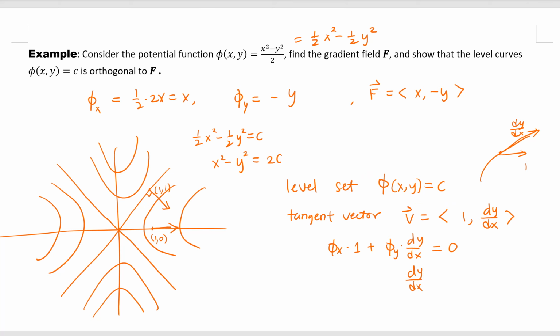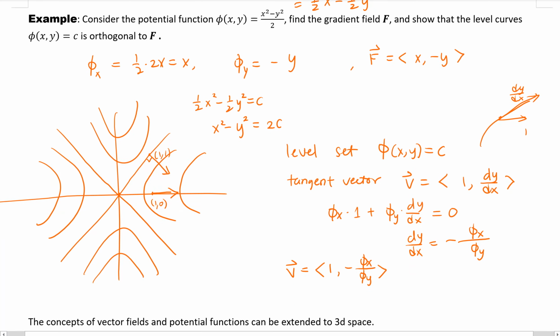So dy dx is negative phi x over phi y. Okay, so v is then 1, minus phi x over phi y. And now when we dot the gradient, the gradient of phi dot v is then phi x, phi y dotted with 1, minus phi x over phi y.